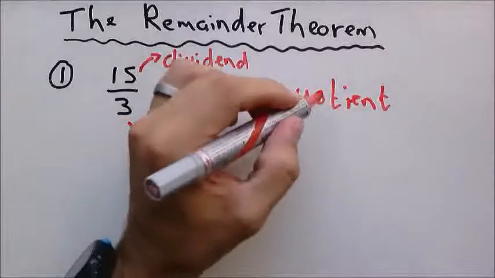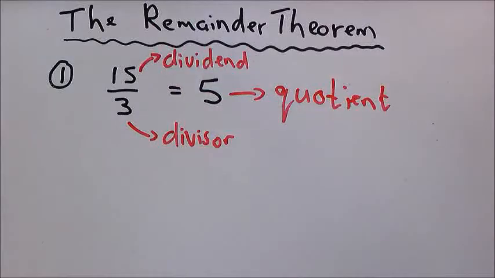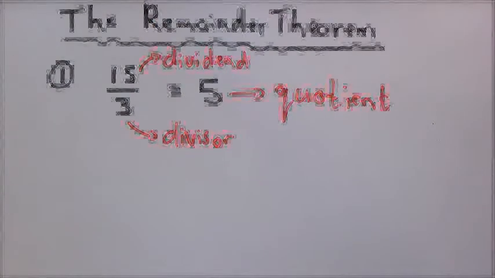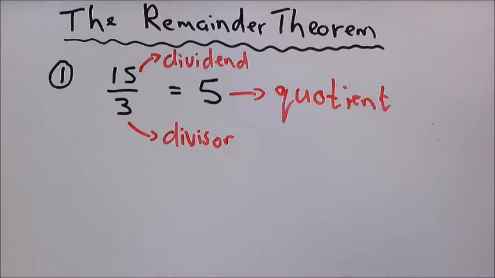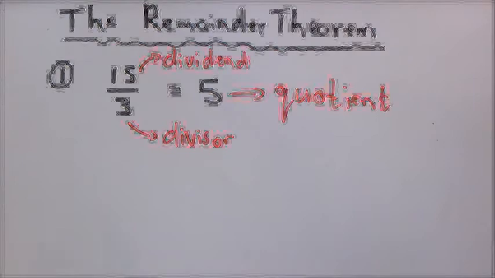Okay, this is for any division problem, and you will agree with me that both 3 and 5 are factors of 15. So our remainder here is 0.